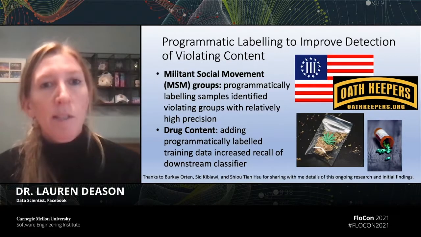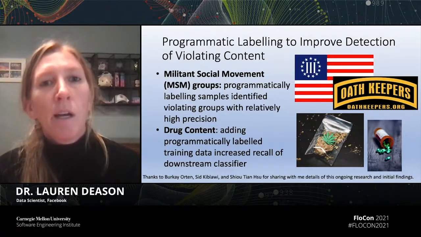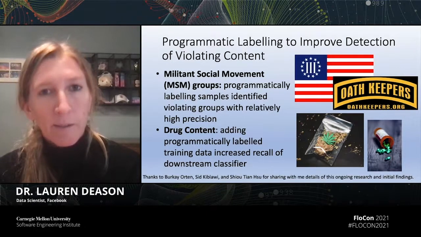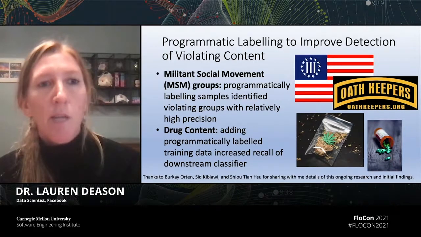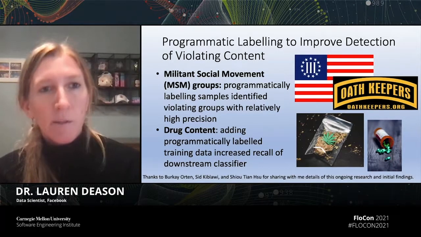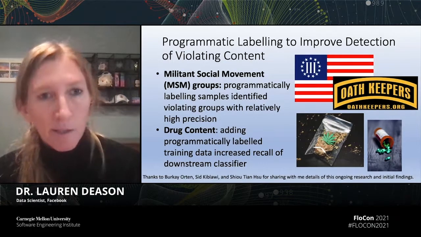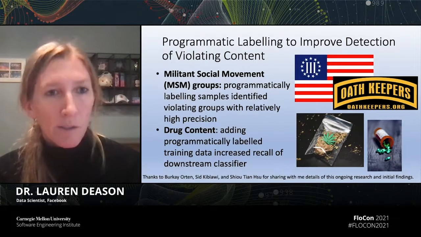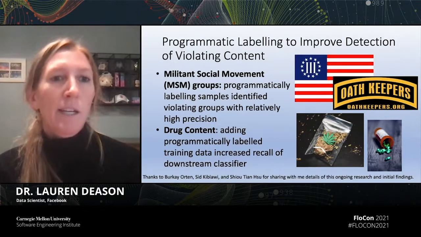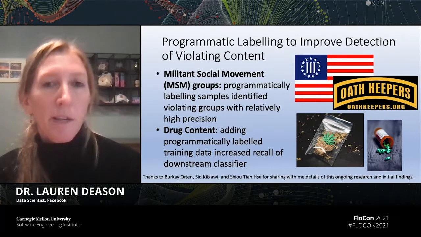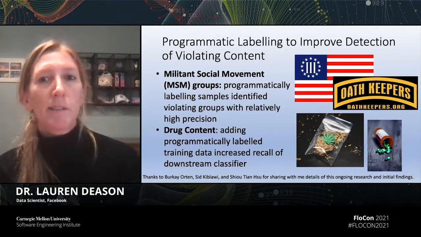So in the same way that was done in the previous example, in both of these cases, human subject matter experts were able to encode some basic heuristics for whether or not a piece of content is likely to violate one of these policies. So for example, maybe regular expressions for certain phrases that are known to be associated with these, or something like a connection on the graph to another actor who has already been taken down for violating one of these policies.